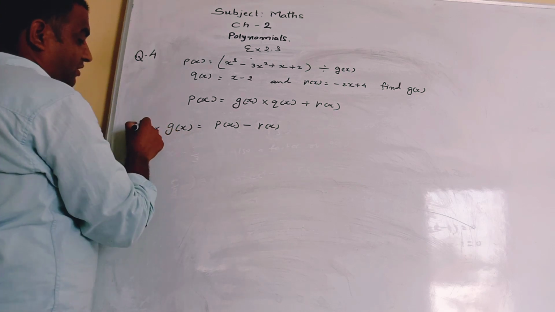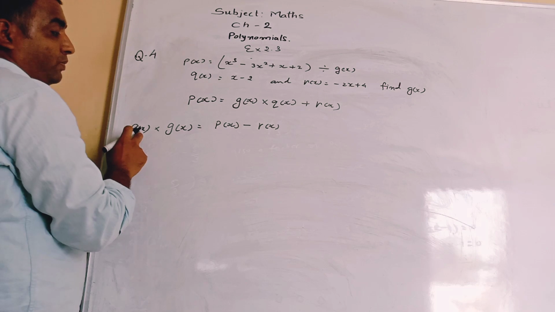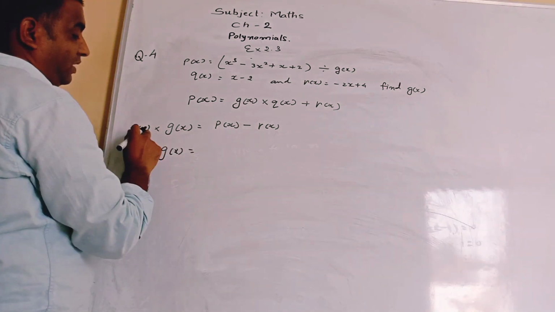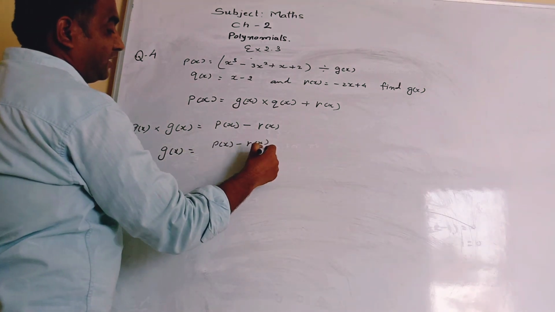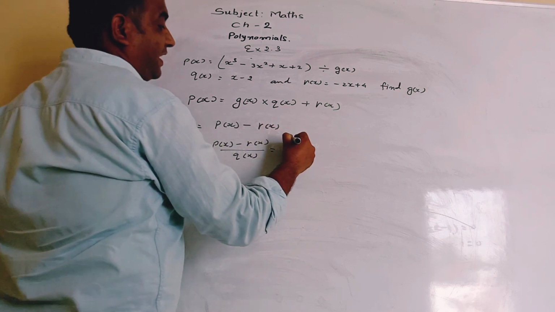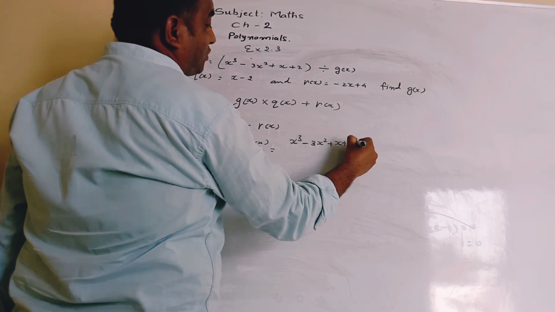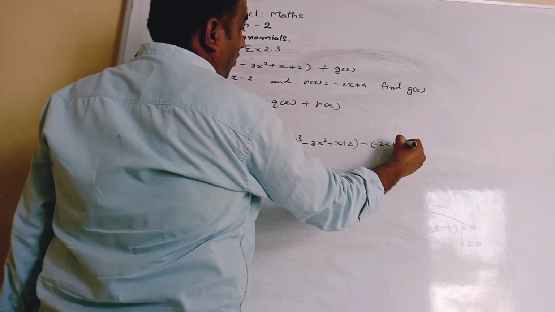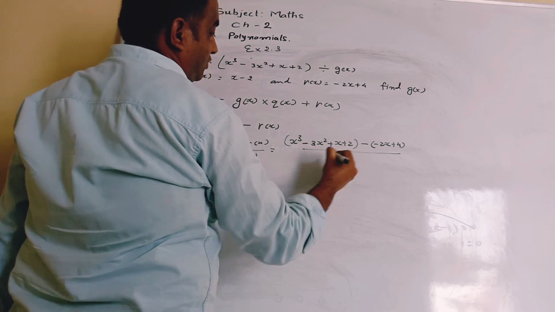So gx into qx equals px minus rx. Now the quotient polynomial we take to the right side, then the multiplication relation becomes division, so px minus rx divided by qx. And so px minus rx means x cube minus 3x square plus x plus 2 minus 2x plus 4, divided by x minus 2.